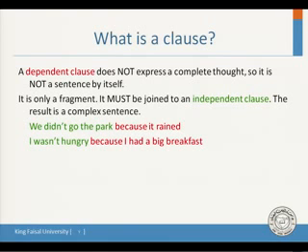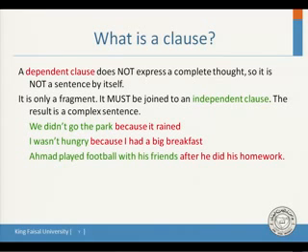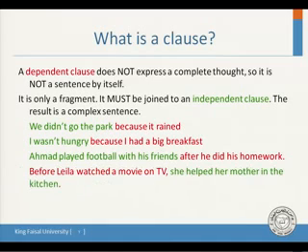I wasn't hungry. Why? Because I had a big breakfast. Ahmed played football with his friends. When? After he did his homework. Before Layla watched a movie on TV, what did she do? She helped her mother in the kitchen.